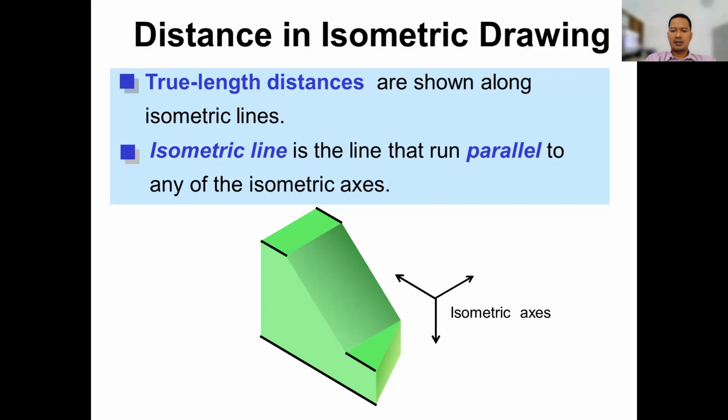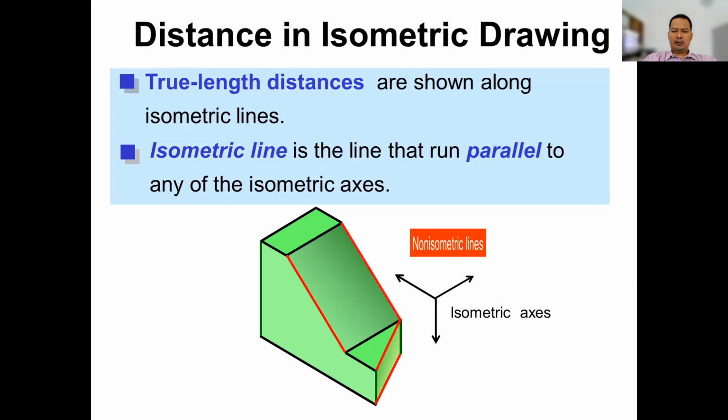So this is parallel with one of the isometric axes. Also this one and this one. You see, this is a non-isometric line.